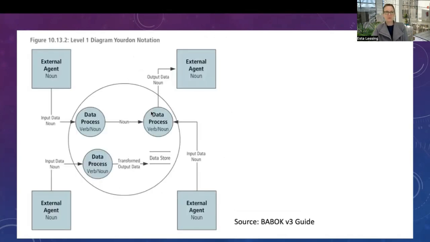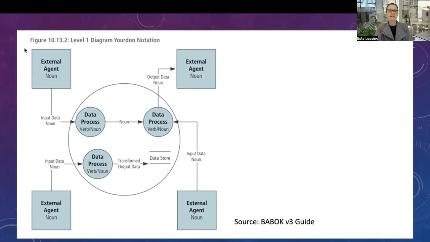Now let's quickly also cover the other notation that follows a very similar principle, but delves into a little bit more detail in the world of data flow diagrams. This is considered a level 1 diagram, Yourdon notation. Just like Gane-Sarson, it has been around for a long time, but it is still a very useful way of showing data flow.